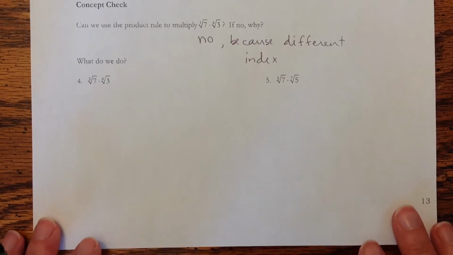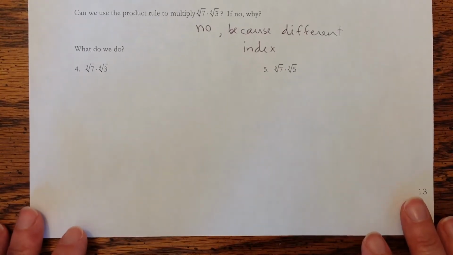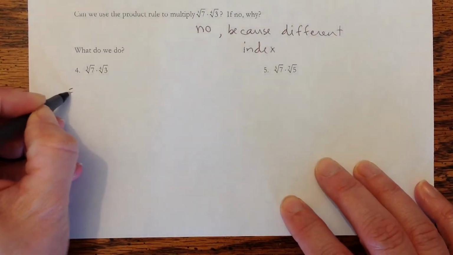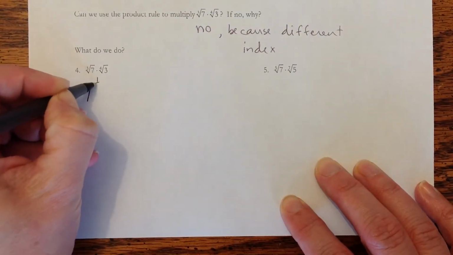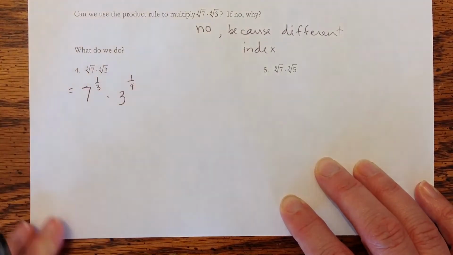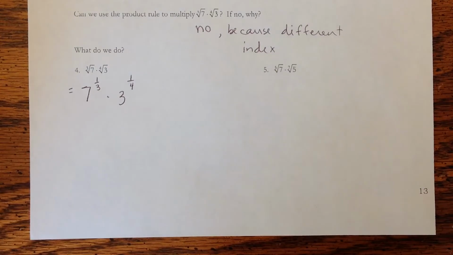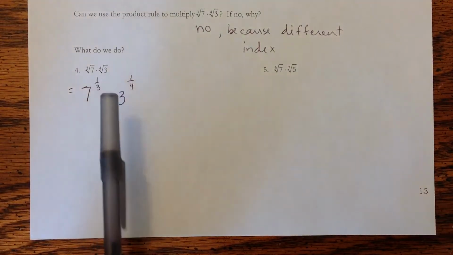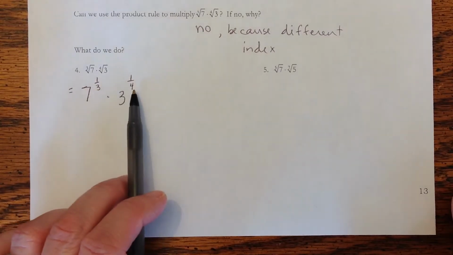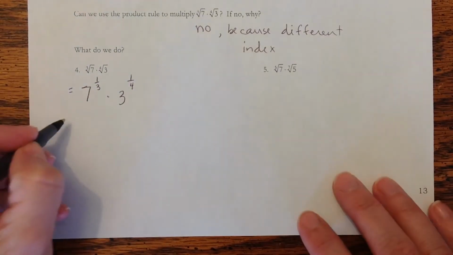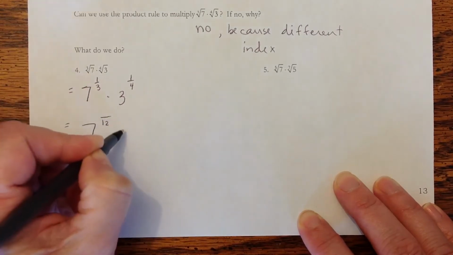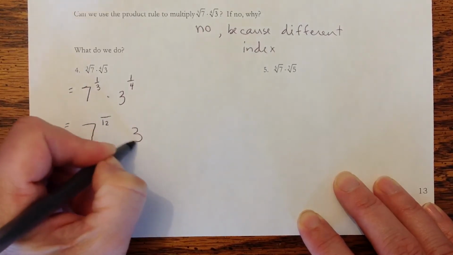We go back and remember that we can write a radical also as a fractional power. So we start by saying 7 to the 1/3 power times 3 to the 1/4 power. Then the denominator tells us the root we're taking. So for fractions, we could get a common denominator. So that's our next step. We're going to make 3 and 4 have a common denominator of 12.